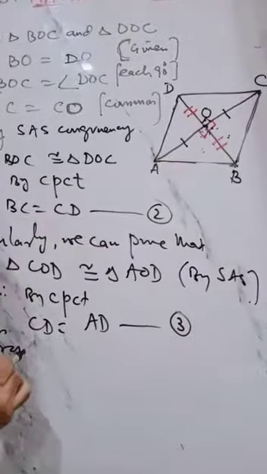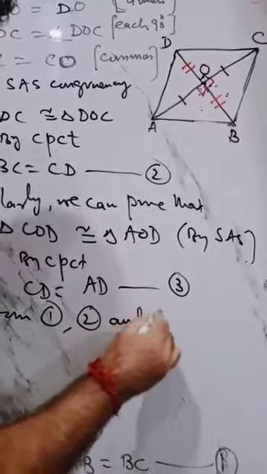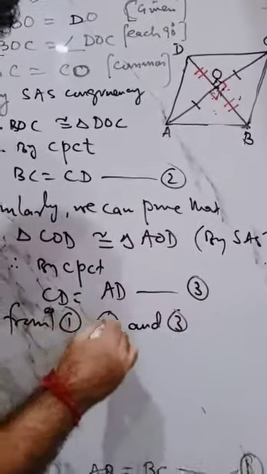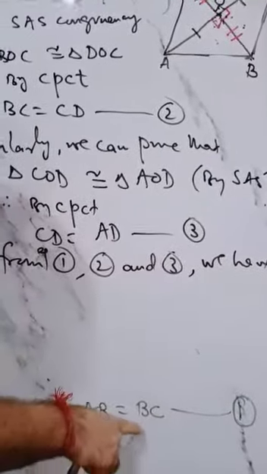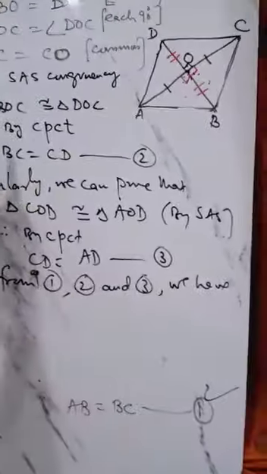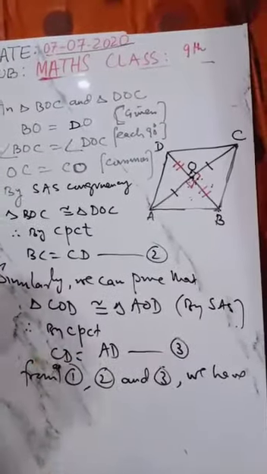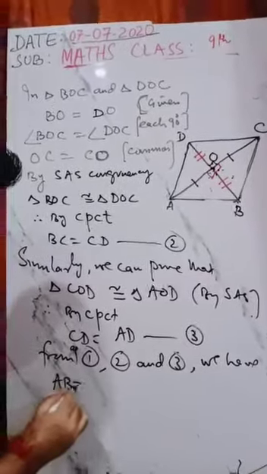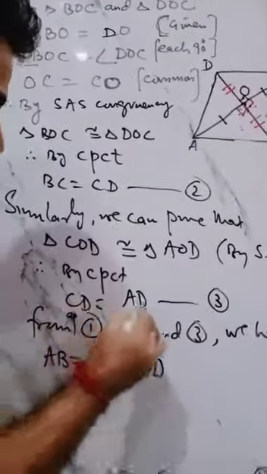So from the first, second and third equations, the first equation is AB equal to BC. AB is equal to BC, but BC is equal to CD, but CD is equal to AD. So you have AB equal to BC, and BC equal to CD, and CD equal to AD.